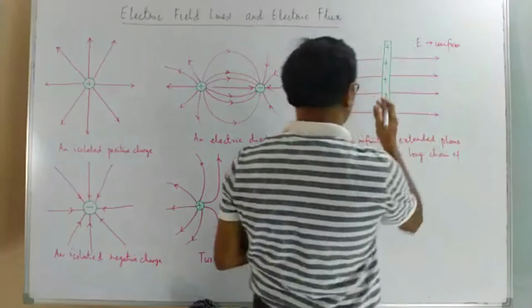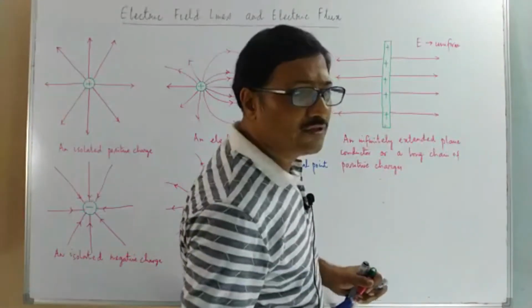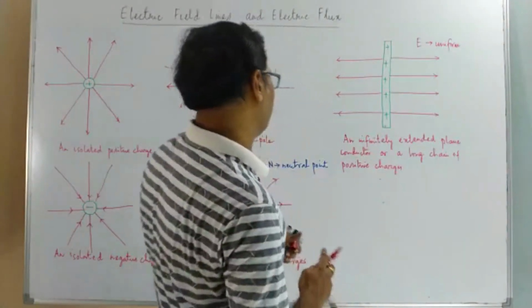So this is practically an example of continuous charge distribution.